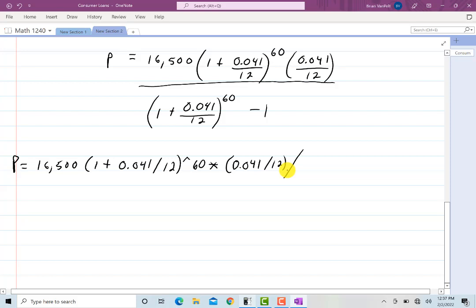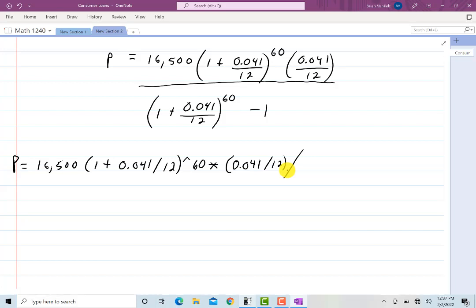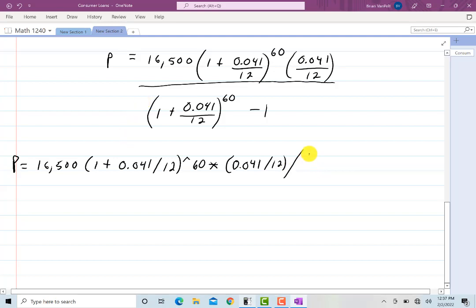It's going to look the same on the screen, but I put the slash to show you how major it is. Now we're going to have to put the entire denominator in parentheses. I know I'm making it look big because I keep forgetting I have to do this on a calculator. 1 plus 0.041 slash 12, 60 minus 1. That's the denominator.